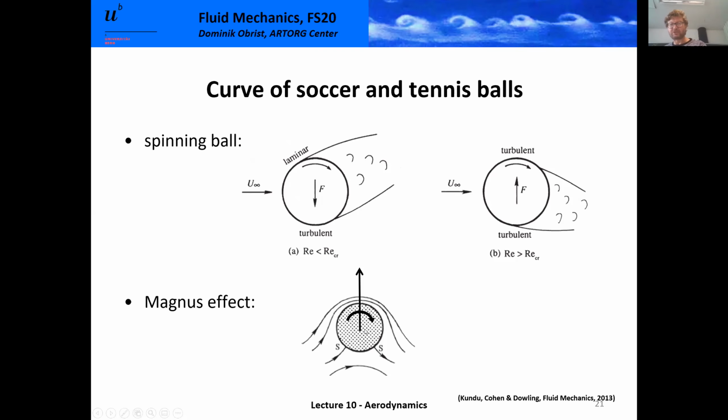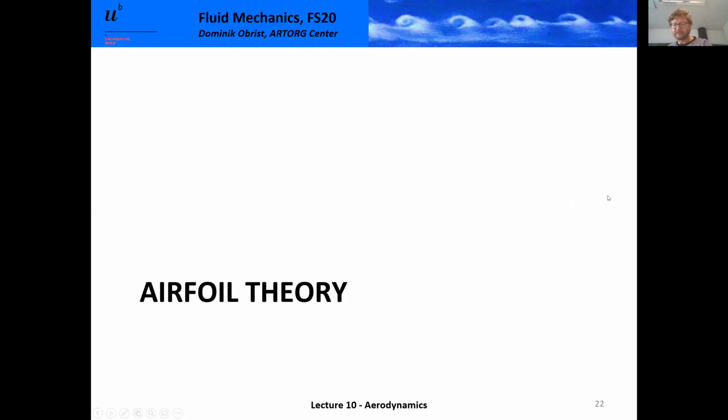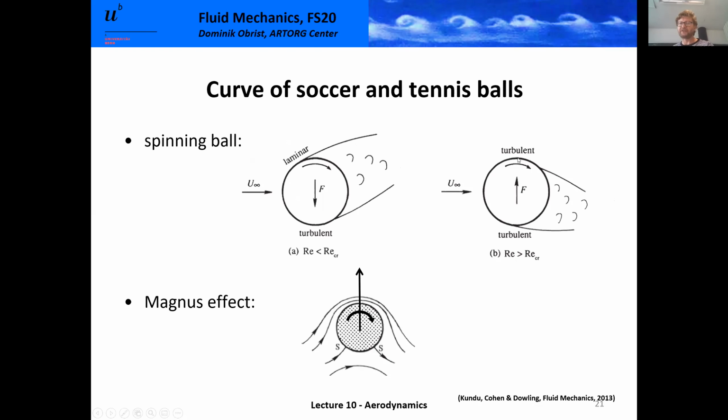And now, very similar to the Magnus effect, it is mainly the higher velocity here, which shifts the separation point a bit to the right and creates a bit of a lower pressure here, such that the ball goes in the opposite direction. But just by hitting the ball a bit stronger, going into the high Reynolds number range, or a bit less, going to the low Reynolds number range, we can decide which direction it will curve. Quite cool and quite sophisticated how this works. So these are a few examples for sports ball aerodynamics.